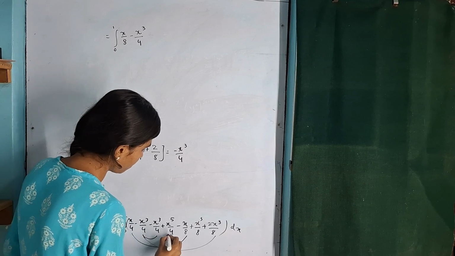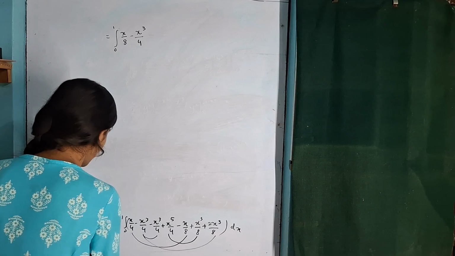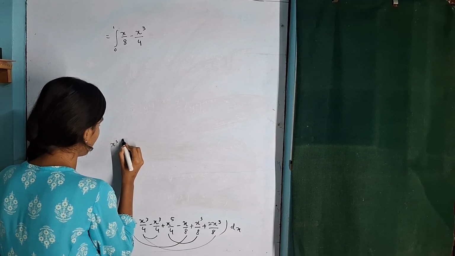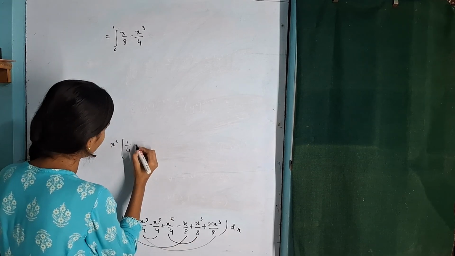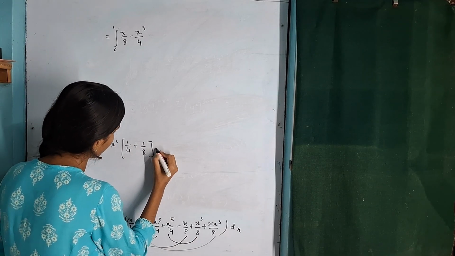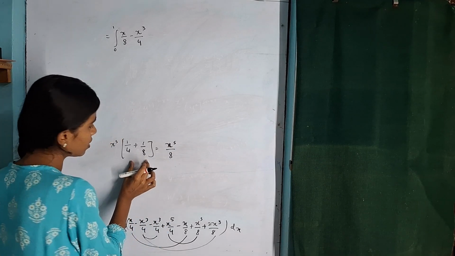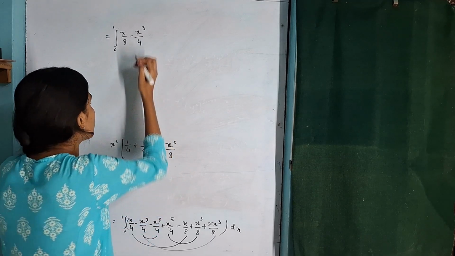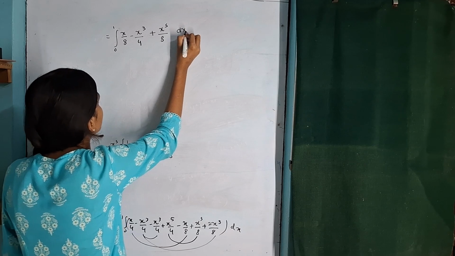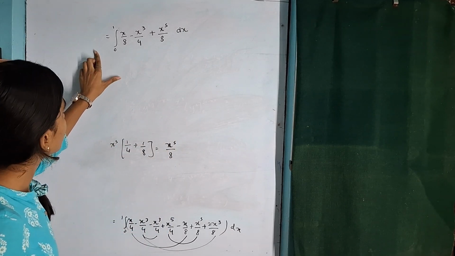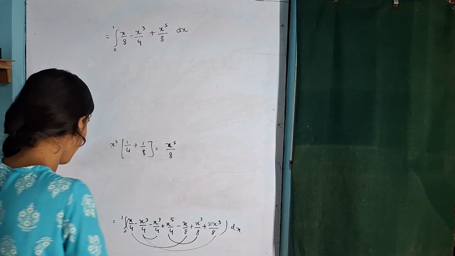Now next, x5. x5 will be outside, and here it is 1 by 4 and here it is plus 1 by 8. Only this thing you are going to put in the calculator and get the value. So this will give you 1 by 8, that is, plus x raised to 5 by 8. So this is what you get after you simplify all the terms.